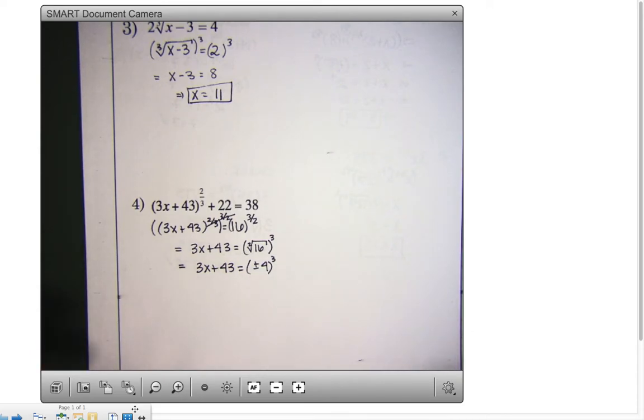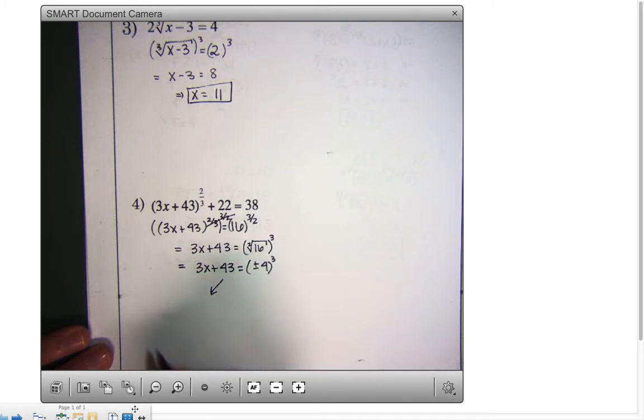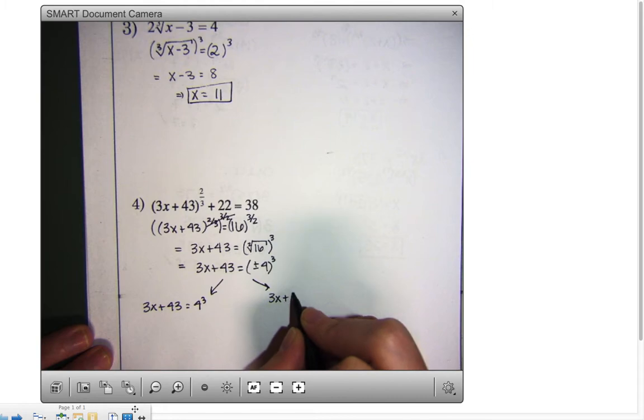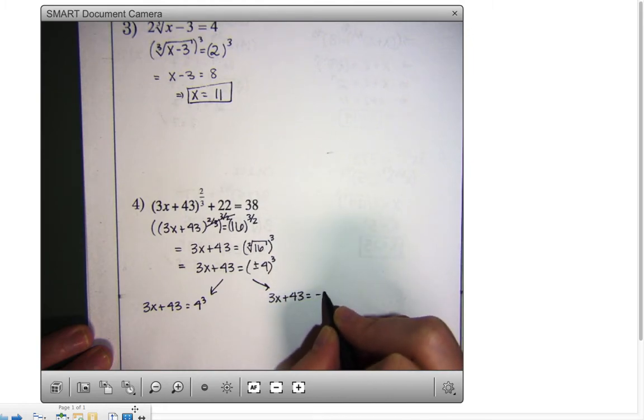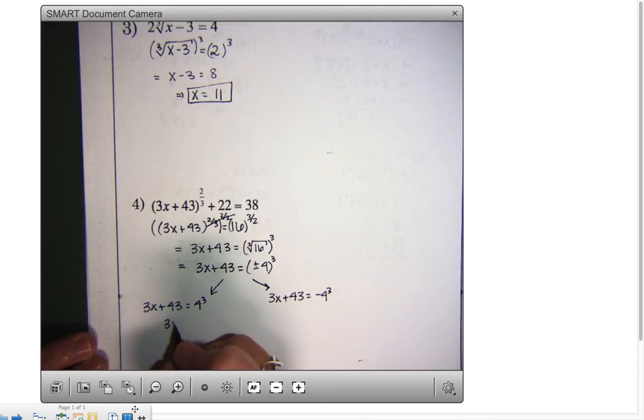So from here, I'm going to write 2 separate equations. I'm going to write one with the positive 4, and I'm going to write the other with the negative 4. So I've got 3x equals 21 and x equals 7.